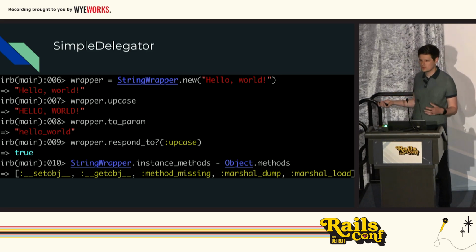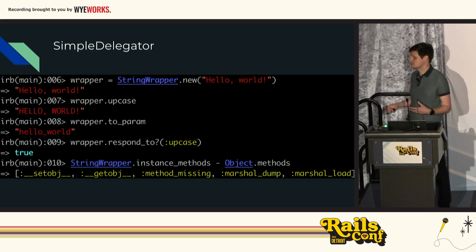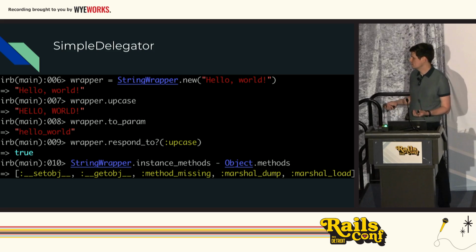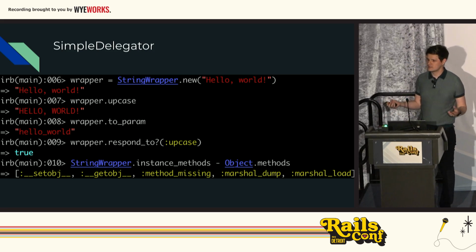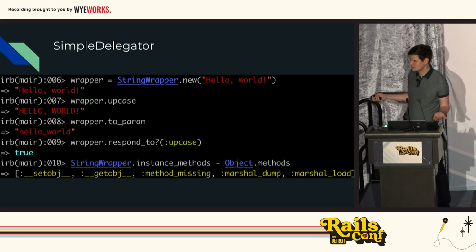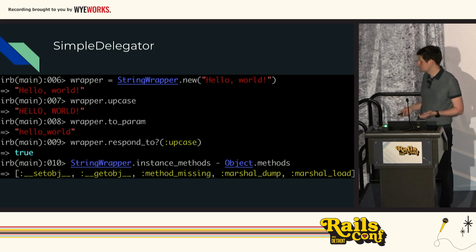We can call the toParam that we've defined. It does say that it responds to the methods that the string we're wrapping responds to. But when you look at the string wrapper's list of instance methods, you don't see what comes from string.